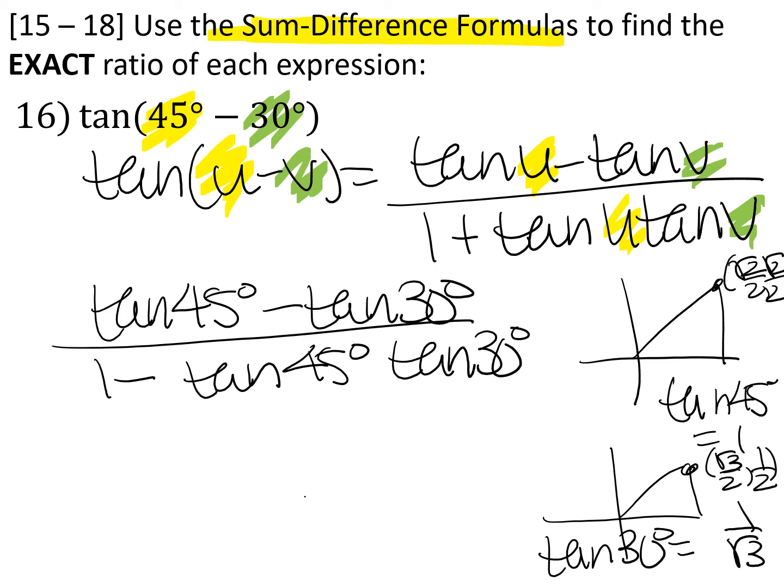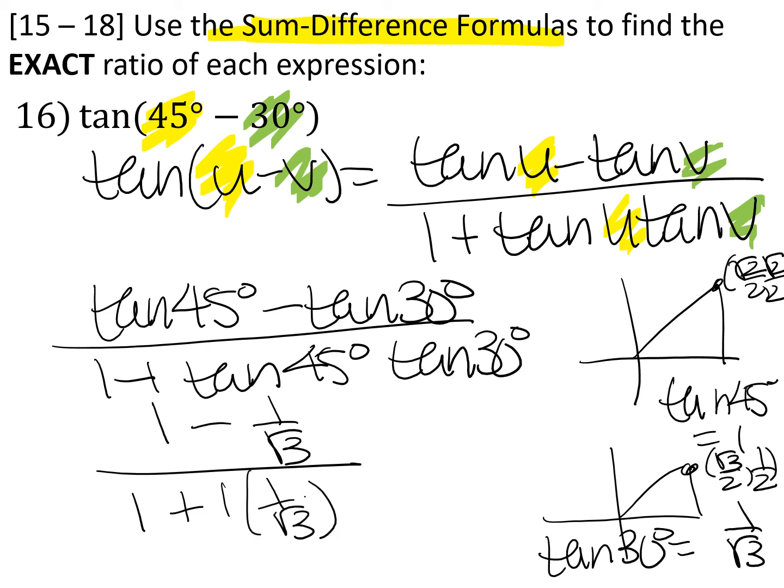Okay, so I'm going to plug those in. 1 minus 1 over root 3 over 1 plus, that's a plus sign in the denominator, plus 1 times 1 over root 3. Now I don't need to have the 1 here. So I could say that this is a final answer, but it's a complex fraction.